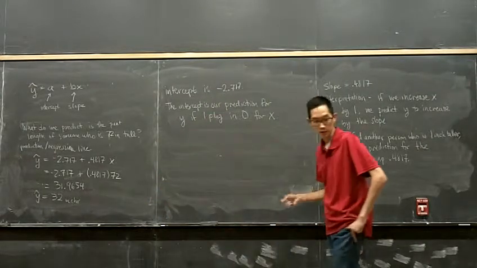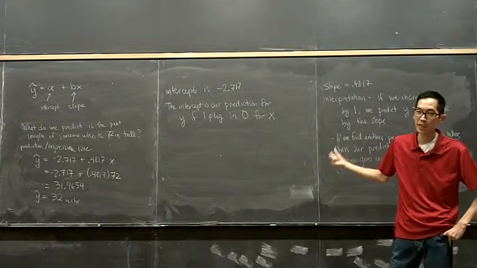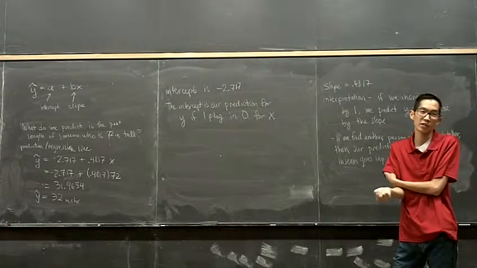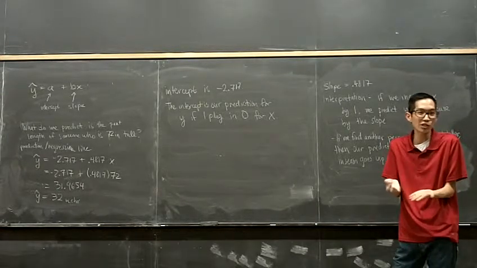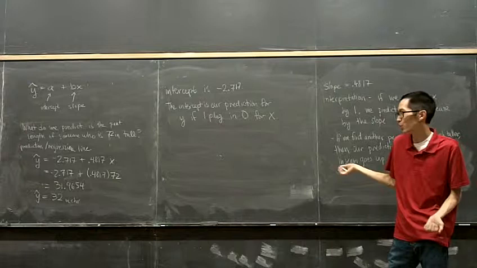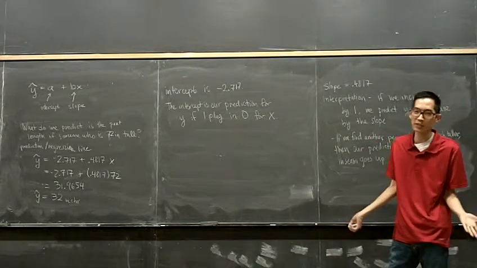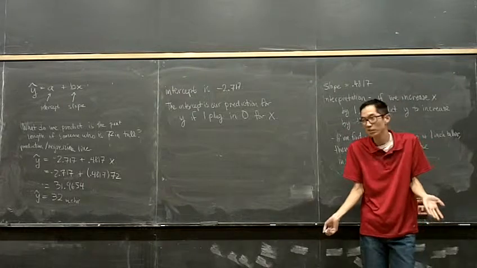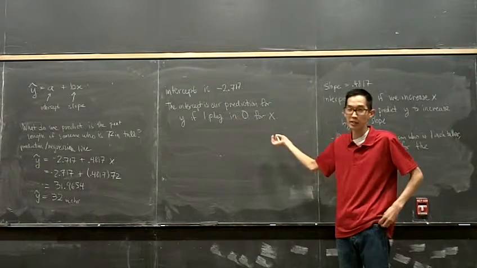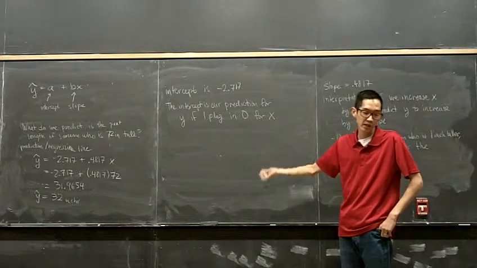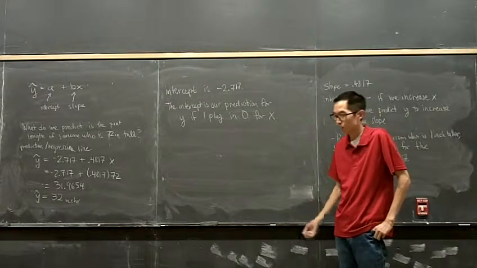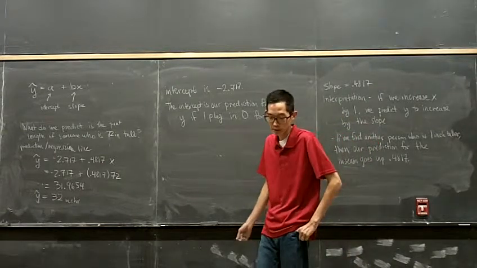Now, in this situation, there's no practical interpretation, because what does it mean to have an x of 0? It means the person is 0 inches tall, so this person doesn't exist, okay? But if there were a person who's 0 inches tall, then I would predict their inseam to be negative 2.7 inches, okay? That doesn't make any sense, because there's no practical interpretation. But sometimes it makes sense to plug in a 0 for x, and then the intercept is your prediction for when you plug in 0 for x.